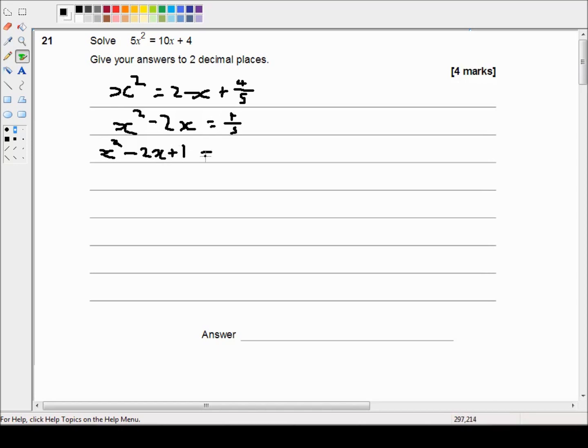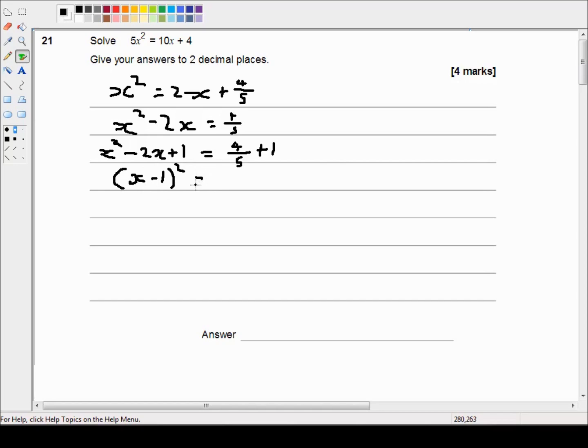And since we've added 1 to the left hand side, we need to add 1 to the right hand side to keep the equation balanced. So we make the right hand side 4 over 5 plus 1. Now we've got a perfect square, we can factorise this as x minus 1 squared. So again, all I've done is halve the middle term there.